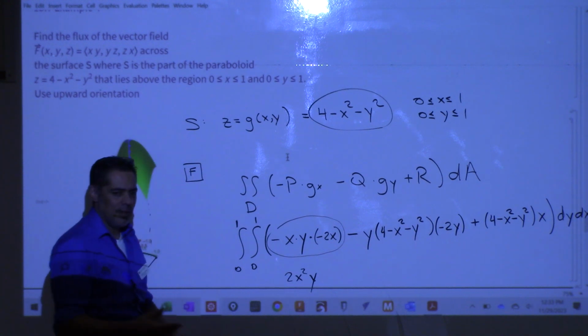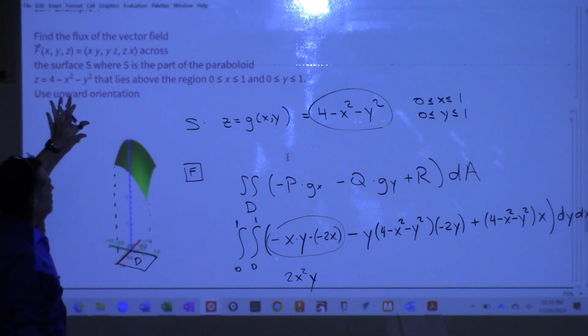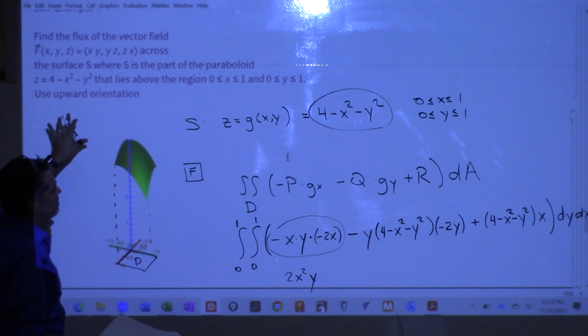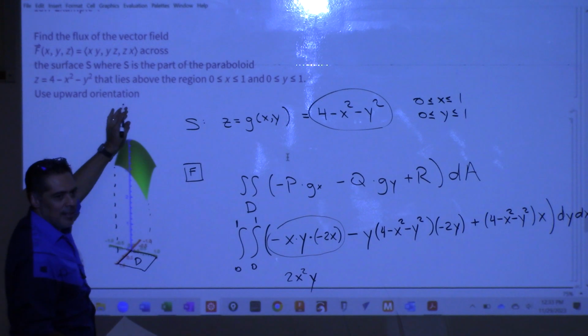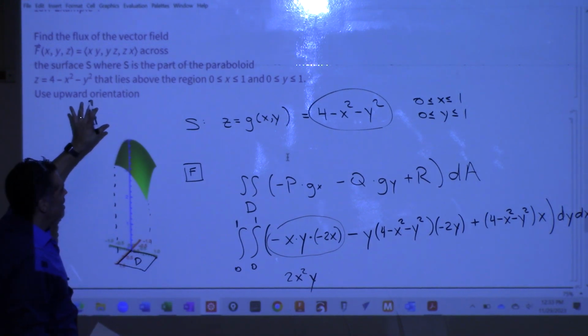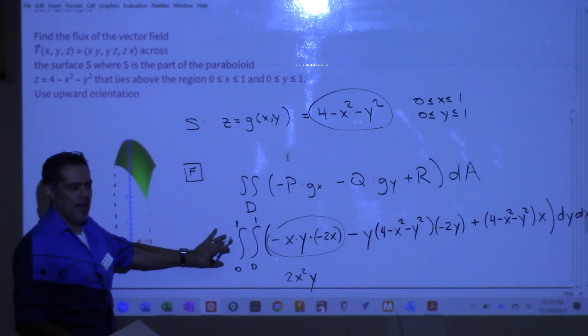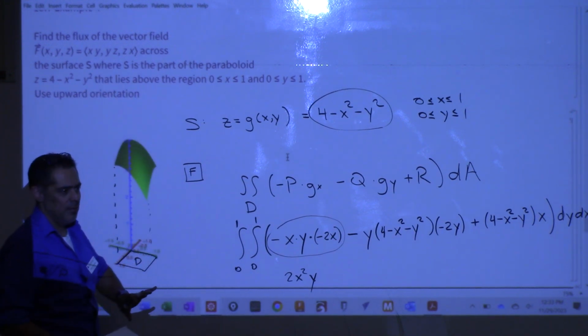Now, again, you would want a computer for this. The computer can't, at least not yet. Well, probably it can. You find the right computer, the right AI chatbot or something, can probably set this integral up for us. But I think the human part is still going from here to the integral. And then the integral the computer can do.